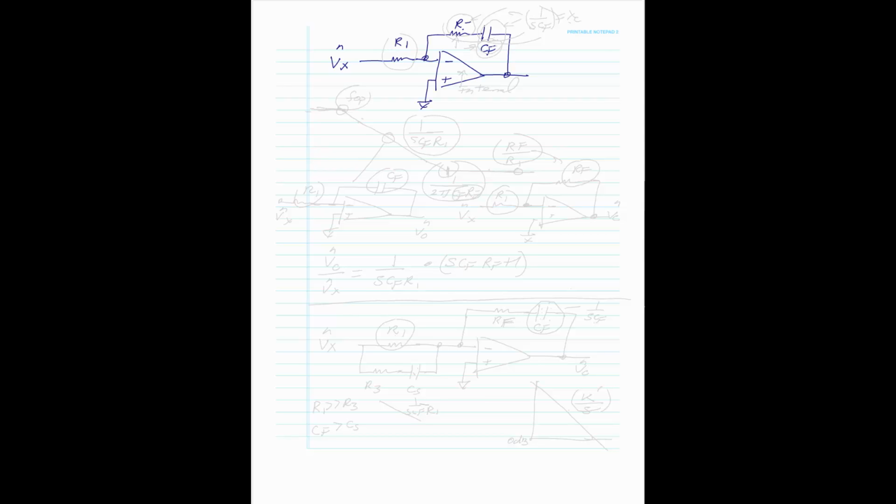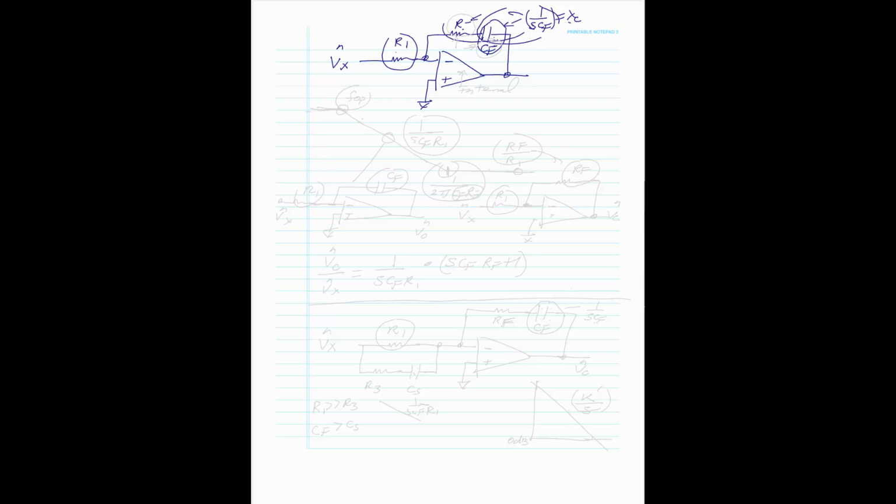What's going to happen is this. At low frequency, this capacitive reactance is going to dominate. And in Laplace, this is 1 over S CF. That's the XC. So therefore, the impedance, of course, is this divided by this. It's always that, this top divided by bottom. But at low frequency, this capacitor reactance is so much higher than RF, it takes over.